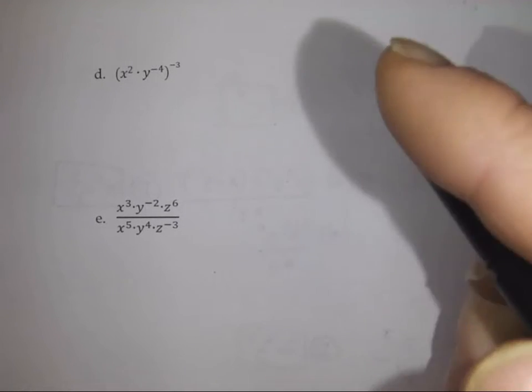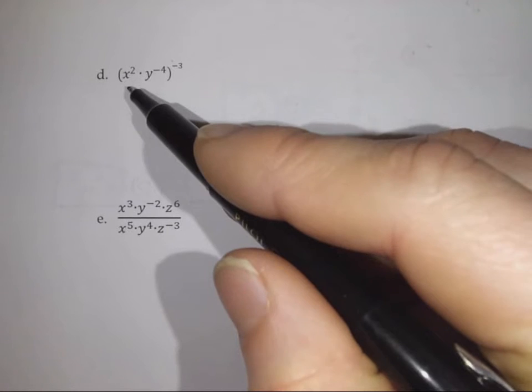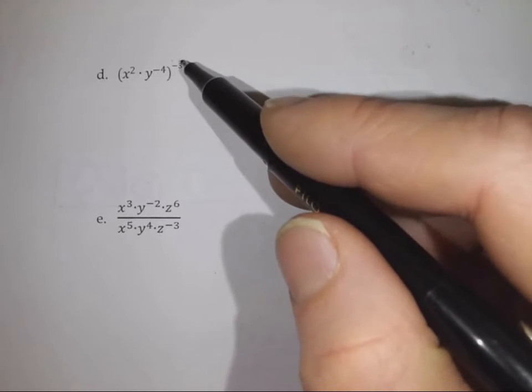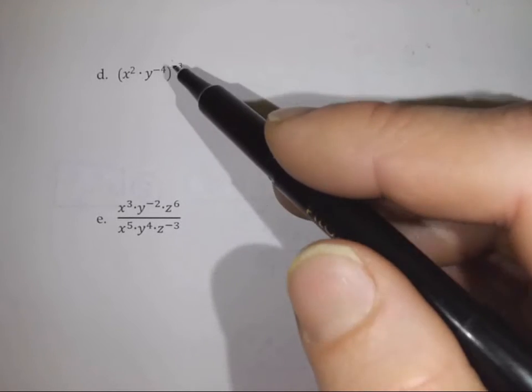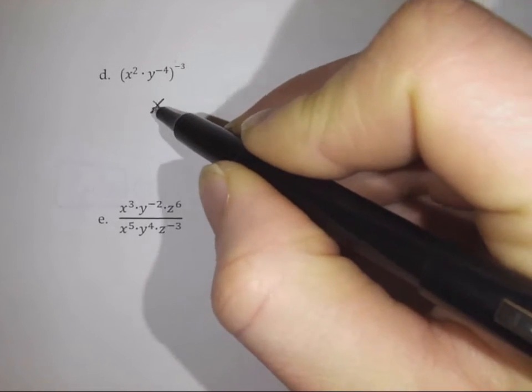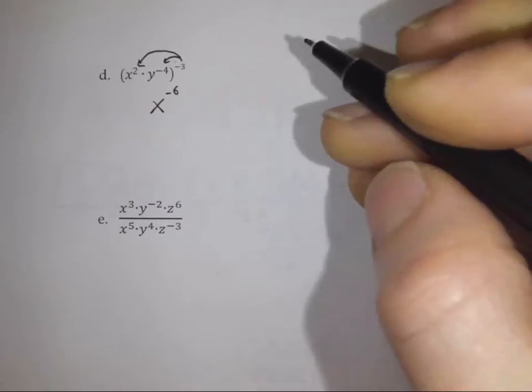What I'm going to do is just do some distribution here. First I'll do the brackets. Doesn't look like there's anything I can do inside the bracket, so I'm going to move on to the exponent step. I'm going to distribute a negative 3, and multiply both of these by negative 3. That'll give me x to the power of negative 6 and y to the power of positive 12.